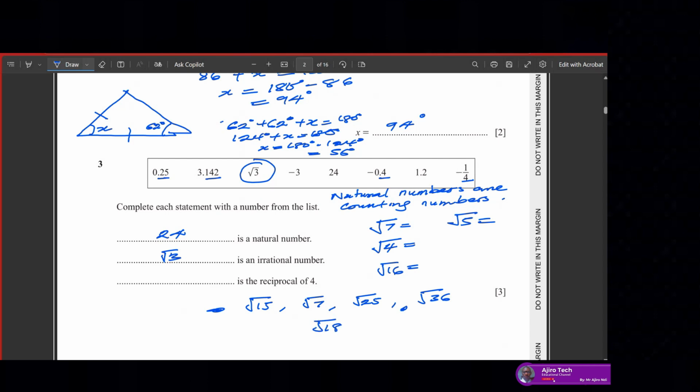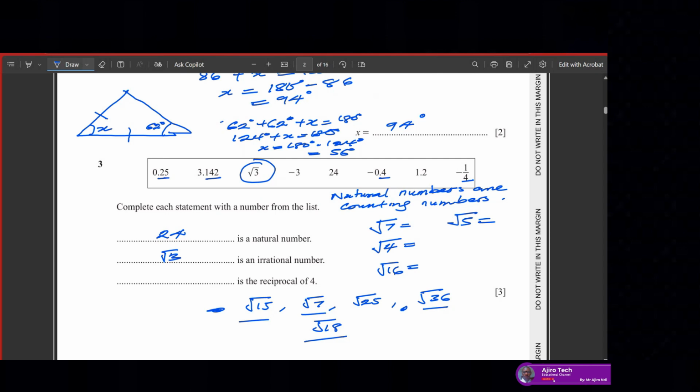So tell me the ones that are rational and the ones that are irrational. 25 is rational. 15 and 7 are irrational. 36 is rational. And then the root of 18. You said? 18 is irrational. Thank you very much.